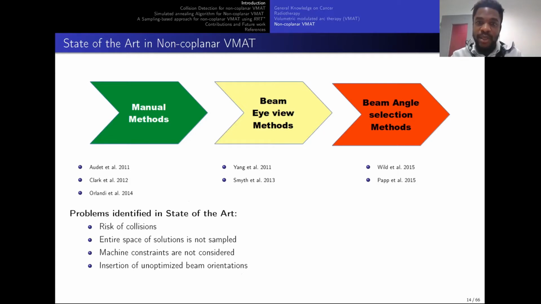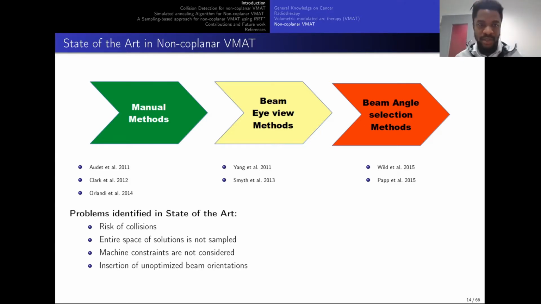Then we have beam's eye view methods that try to select the best non-coplanar orientations using the beam's eye view of the tumor in the patient. But much more recent approaches use beam angle selection methods. So we have algorithms that try to select a set of beam angles that are inherently non-coplanar.